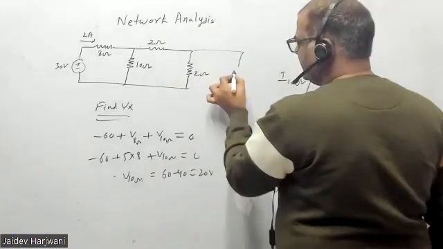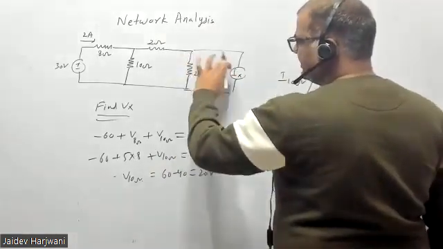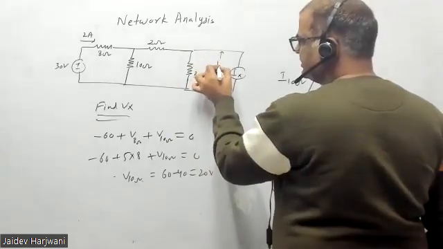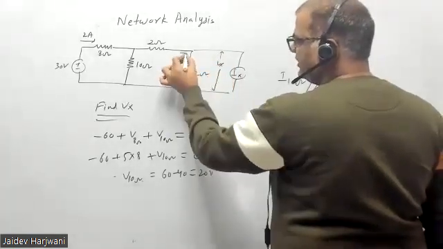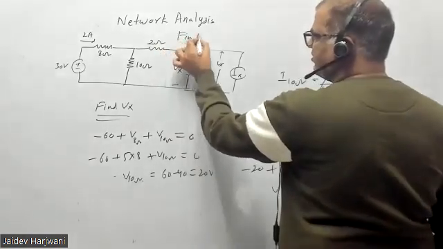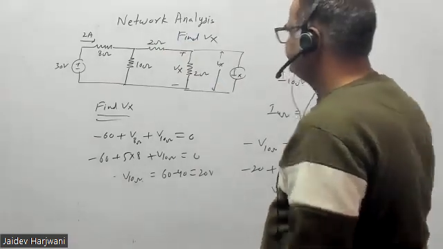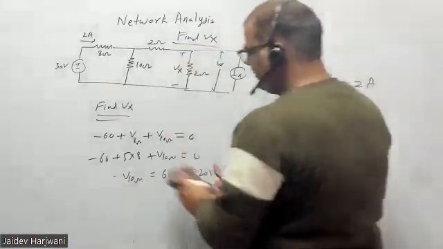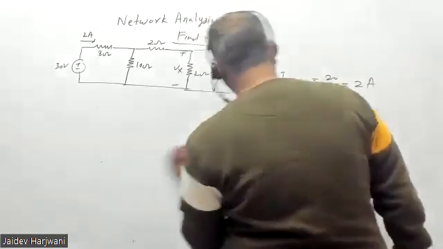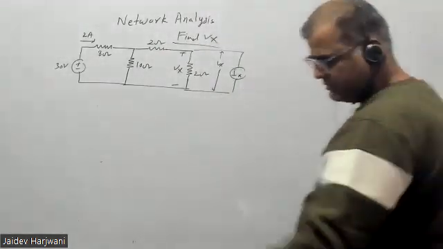Again here a current Ix is flowing, so both are parallel, so here is Vx, so automatically here also Vx, okay, find Vx. Find how much Vx comes in this circuit, exactly the same question, only the values have changed. Take 5 minutes and solve.